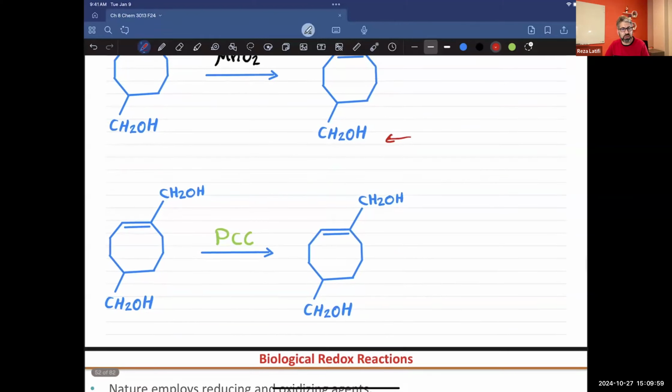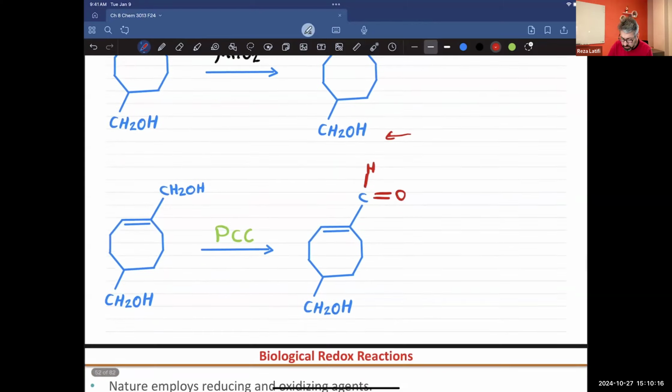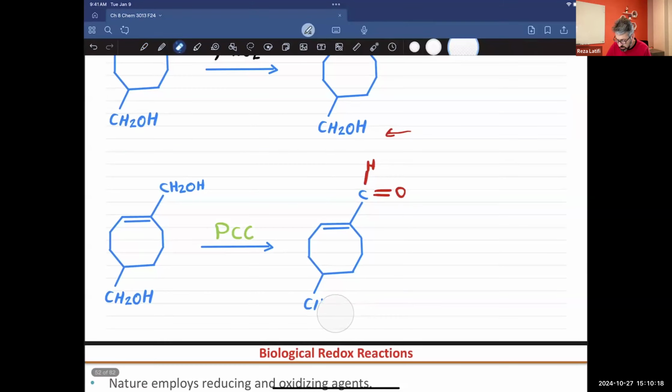And how about PCC? PCC, as I said before, is a mild oxidizing agent. It will take this one and turn it to aldehyde, similar to manganese dioxide. So until now, it's going to be the same, but the problem will be here. This one, because it's a primary alcohol, that's a primary alcohol.